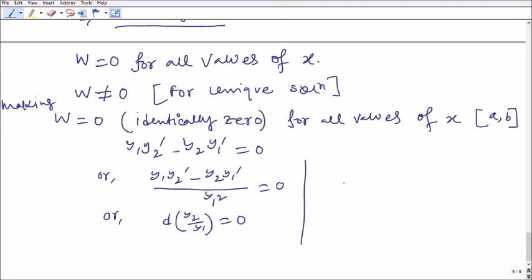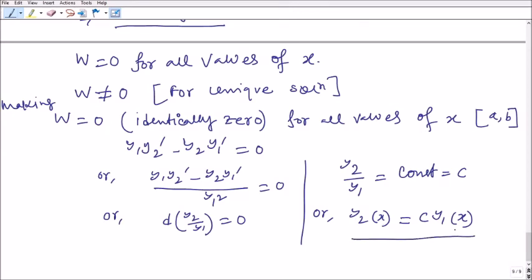So from this we can write that y2 by y1 is equal to a constant. Suppose this is c, and we are calculating for all values of x. So for all values of x, y2 of x is equal to c into y1 of x.